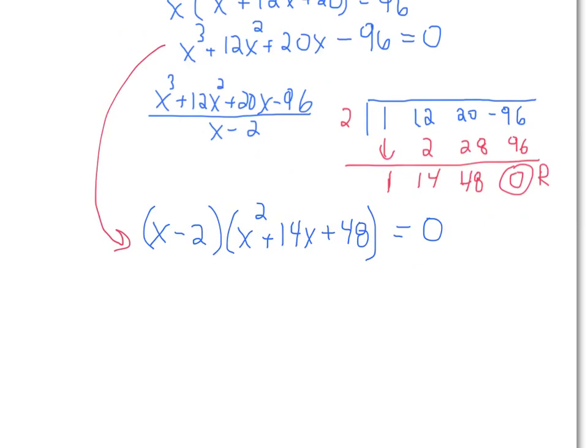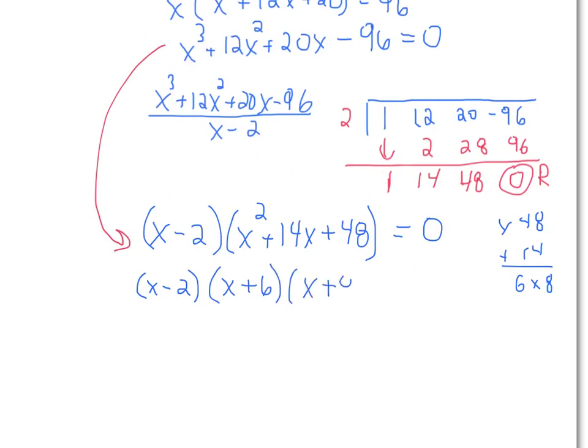So let's keep factoring this quadratic. We want to multiply to get 48, add to get 14. 6 times 8 works. So x plus 6, x plus 8. So here are my possibilities for x: x equals 2, x equals negative 6, and x equals negative 8.